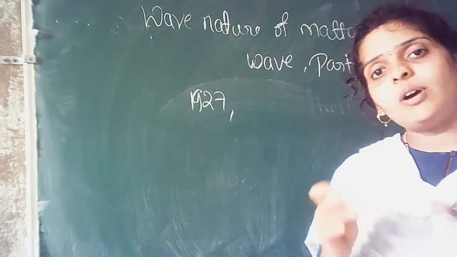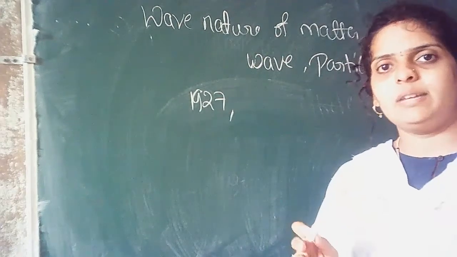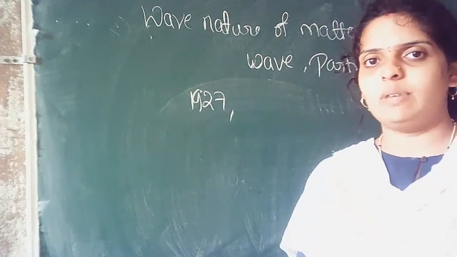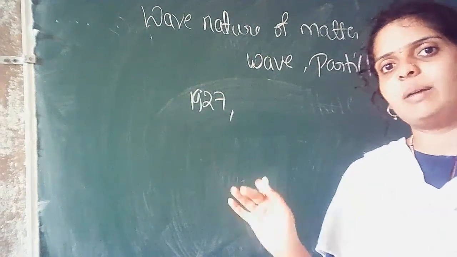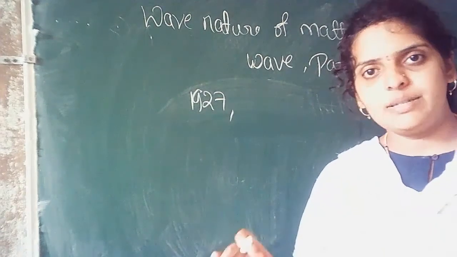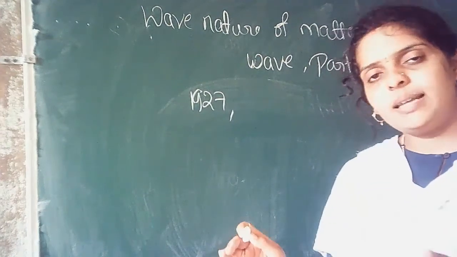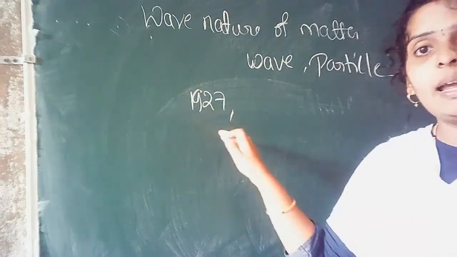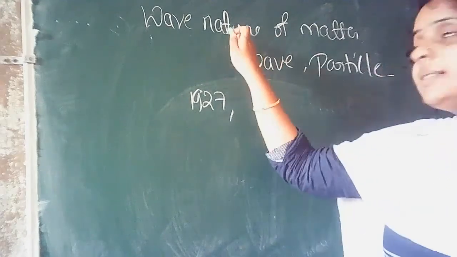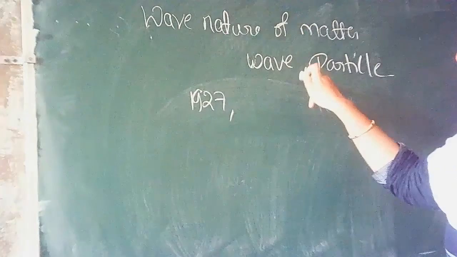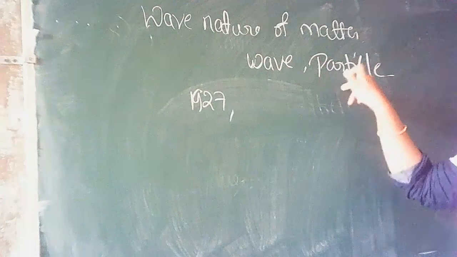So far it is removed, but if they add it later, we will come to that explanation again. As for now it is deleted, so I am not going to teach it, though it is there in the textbook also. In 1927, Davison and Germer gave proof that matter behaves as both wave-like and particle-like.